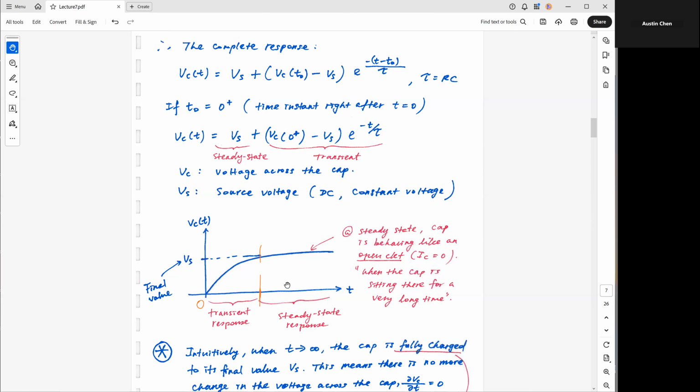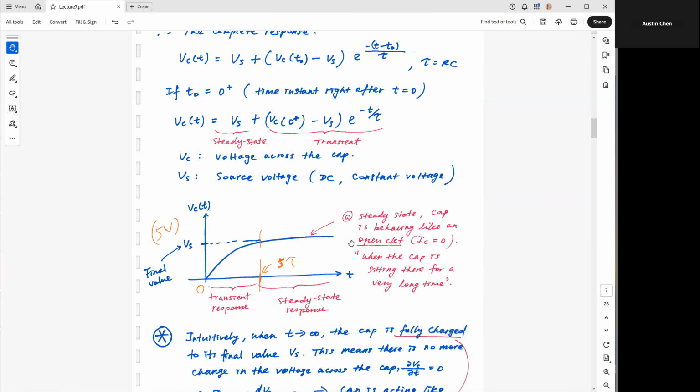Once you cross this 5 tau, you see that the capacitor voltage eventually is pinned at 5 volts, assuming Vs is equal to 5. The process is gradual, and it goes by this time constant. And of course, in order to speed up the charging process, we want to minimize the tau, which means we need to minimize the product of R and C, the RC time constant.